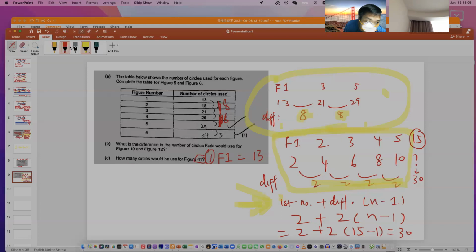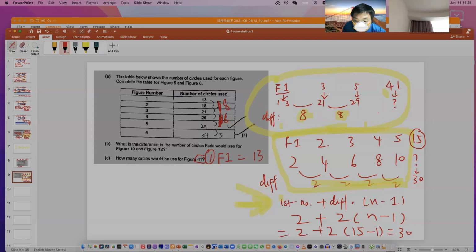The question says you are asked to find figure 41. So this is figure 1, 13. This is figure 3, 21. This is figure 5, 29. So they ask figure 41, what is the number?